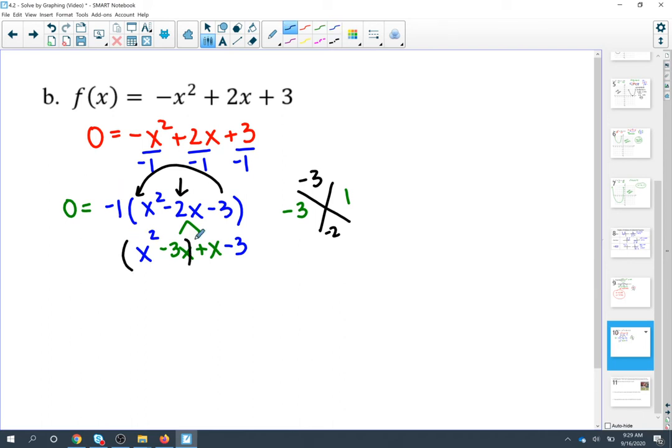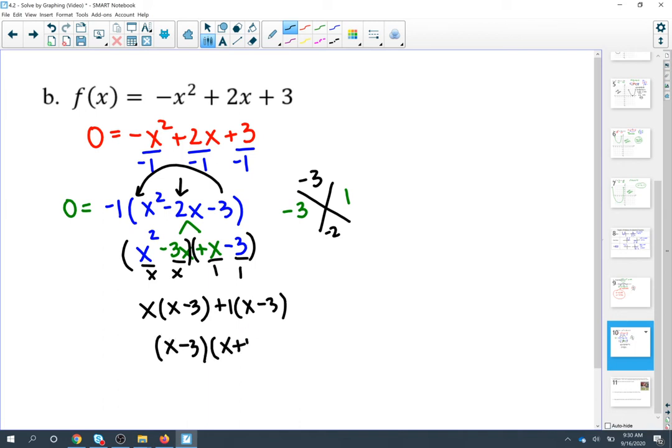Grouping. Out of the first two, we can pull an x, which leaves you with x minus 3. Out of the second two, we can pull a 1, which leaves you with x minus 3. Then we can pull out the x minus 3, which leaves you with x plus 1. Don't forget your negative 1 equals 0.